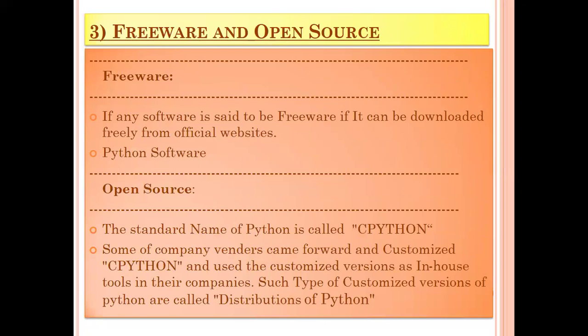Now, it is freeware and open source. What do we understand by freeware? If any Python software is said to be freeware, it means it can be downloaded freely from its official website, www.python.org.